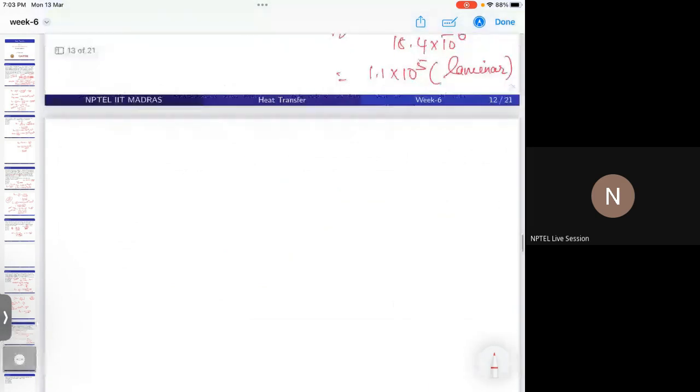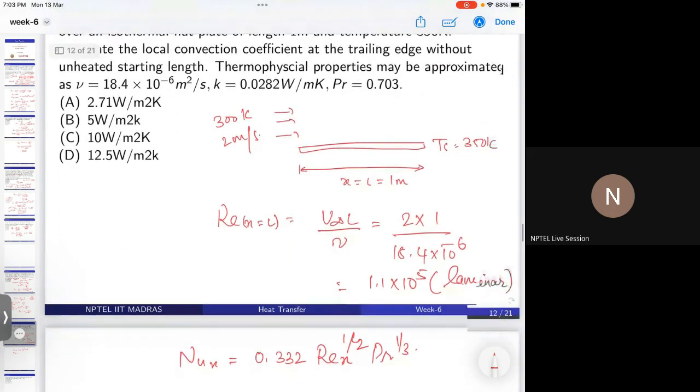So we have to use the laminar flow equation, that is Nu x is equal to 0.332 Reynolds number at x raised to 1 by 2, Prandtl number raised to 1 by 3. Okay, so can you please find out what is the Reynolds number at x is equal to L is equal to 1 meter?